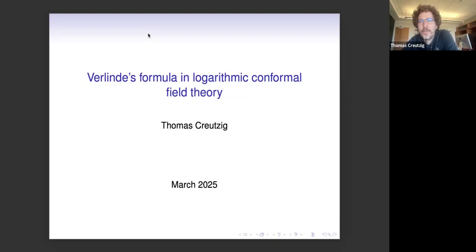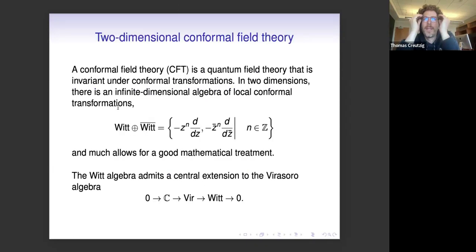For me, the guiding principle has always been Verlinde's formula, and now I do have a good understanding of it in the logarithmic setting. So this is why I give the talk.